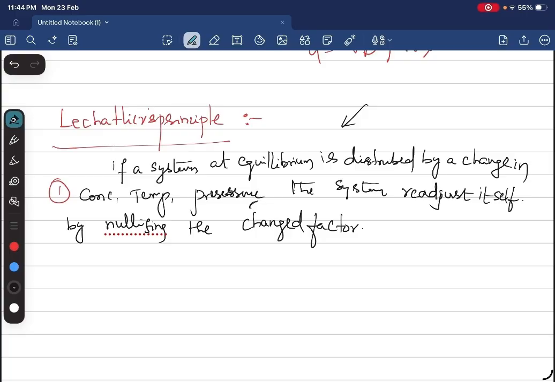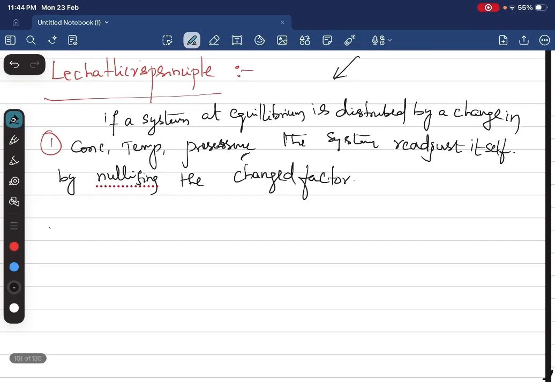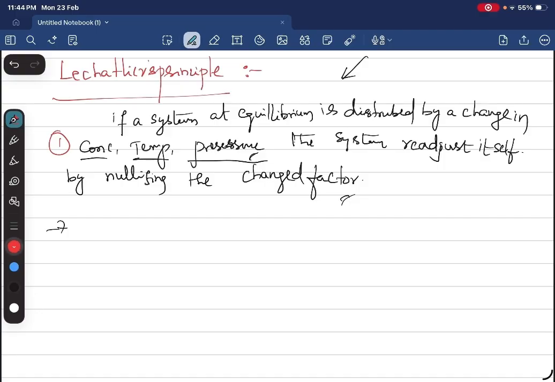So we can see the factors one by one. The concentration factor: if we increase reactant concentration, then the forward reaction increases, because the increased reactant concentration decreases. That is how the new equilibrium re-establishes, which is nothing but Le Chatelier principle.